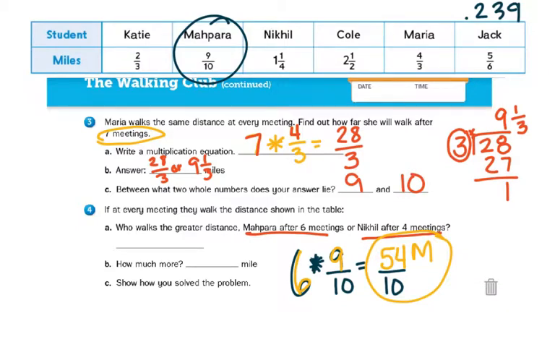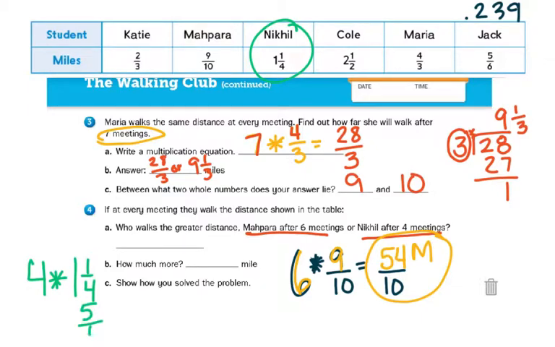Now, Nikhil, after 4 meetings, let's take that one. I'm going to move over to the left-hand side here. And let's take Nikhil, 1 1/4. What I'm going to do is take 4 meetings times 1 1/4. Another way to say 1 1/4 would be 5/4.